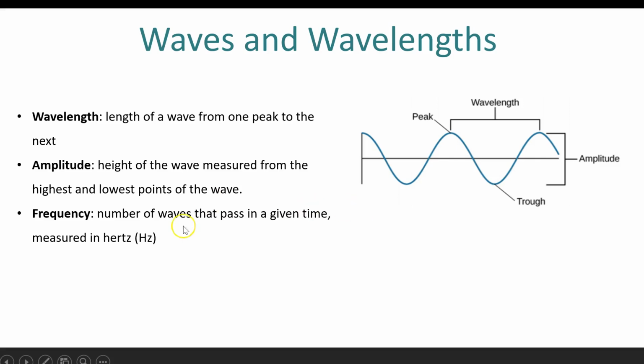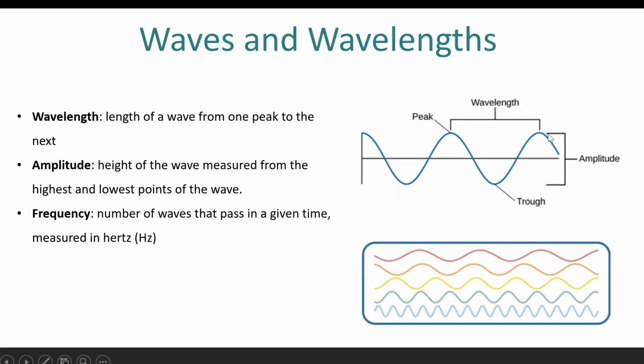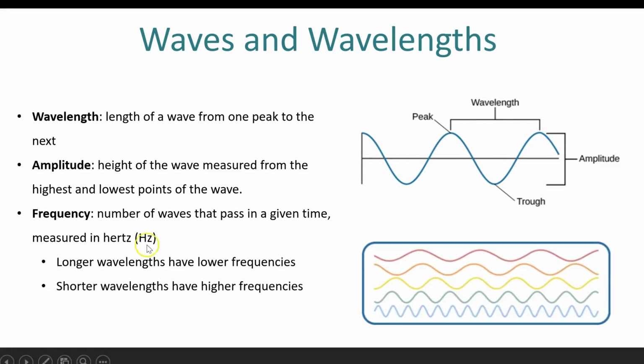Then the frequency is the number of waves that pass in a given time, and this is measured in hertz. So the frequency of this example would be 1, 2, 3. There were 3 waves in this given amount of time. And longer wavelengths have lower frequencies.